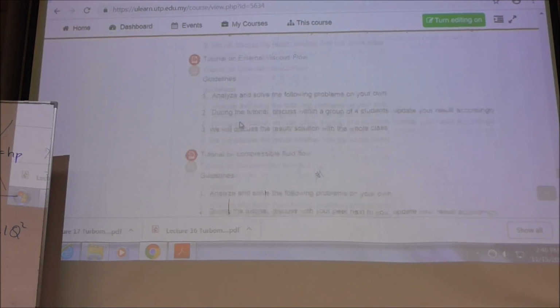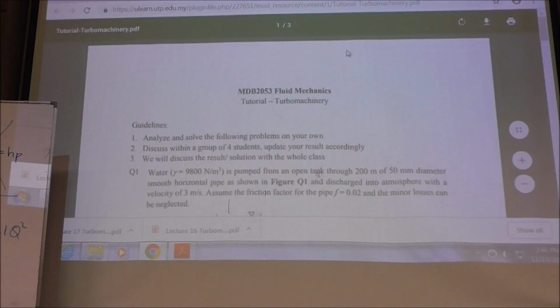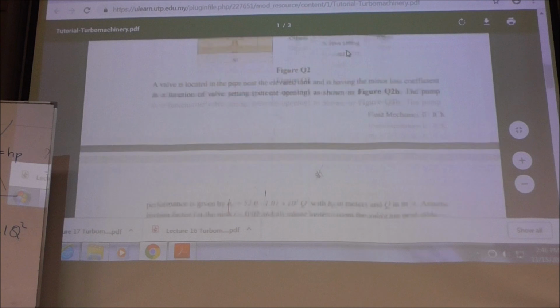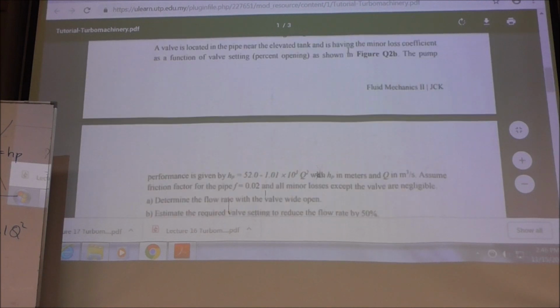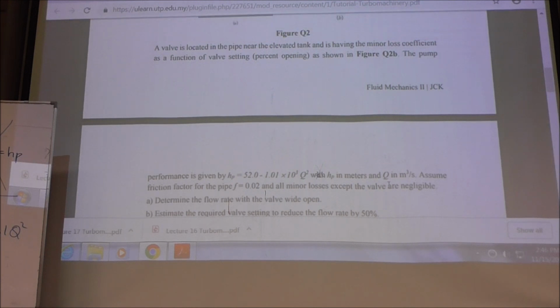In your tutorial, it is given in terms of equation. So what happens if you are given the equation like that? Very simple. You just need to calculate HS equal to HP.